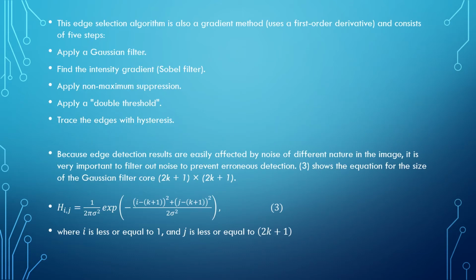The Canny edge detection algorithm is also a gradient method and consists of 5 steps. The first one is apply a Gaussian filter. The second, find the intensity gradient with the Sobel filter. The third one is apply non-maximum suppression. The fourth, apply a double threshold. And the fifth, trace the edges with hysteresis.